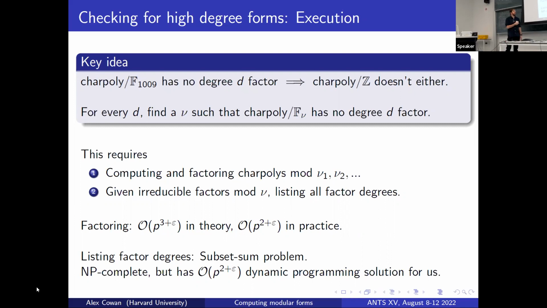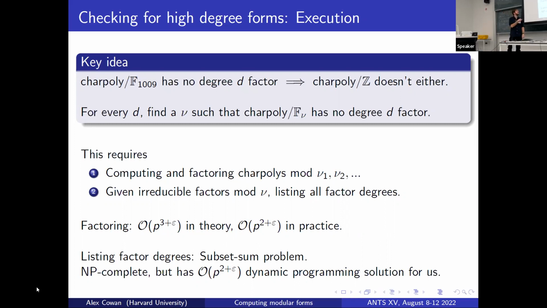So the factoring, if you go and look up what it says, factoring in this case would take time t cubed, which is too long. Right? We said we wanted everything to run in time p squared. However, in practice, heuristically, the longest part of the factoring algorithm for polynomials over finite fields is if you have a situation where you have a bunch of irreducible factors all of the same degree, and then untangling them takes time t cubed.